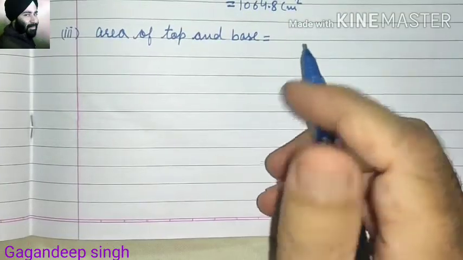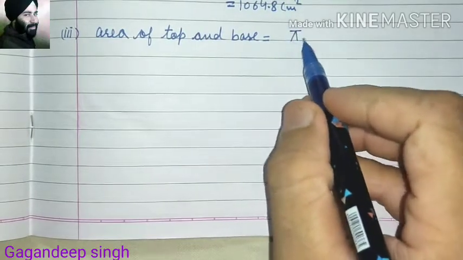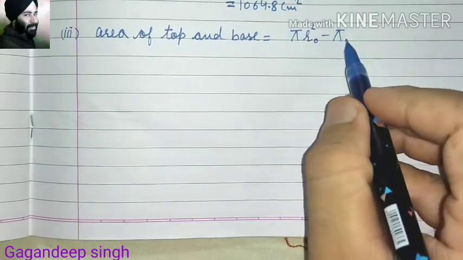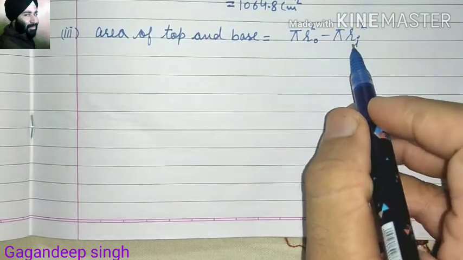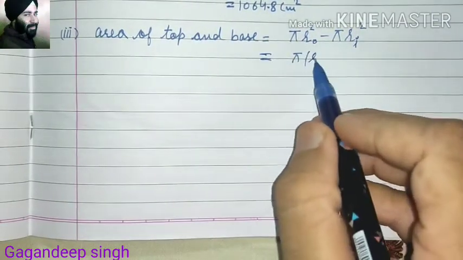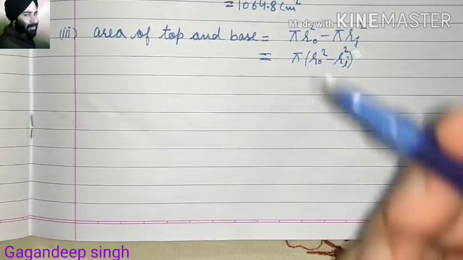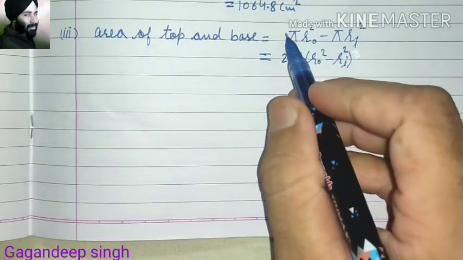So top and base of the pipe are in the shape of a ring and area of ring is pi R square minus pi r square, where there will be outer radius and inner radius. Pi we can take common, outer radius square minus inner radius square, and base and top are in the same shape, so we can write twice also.